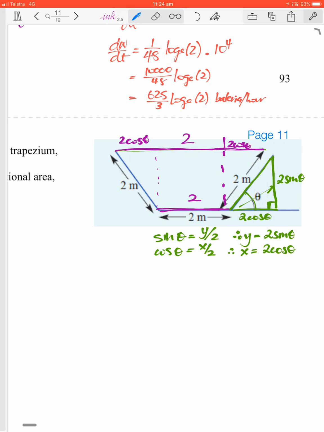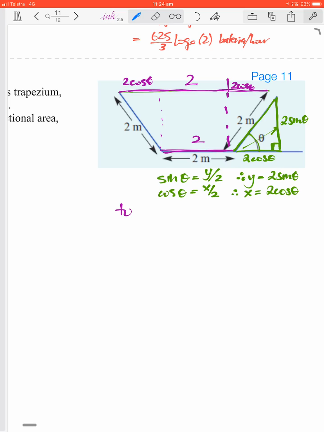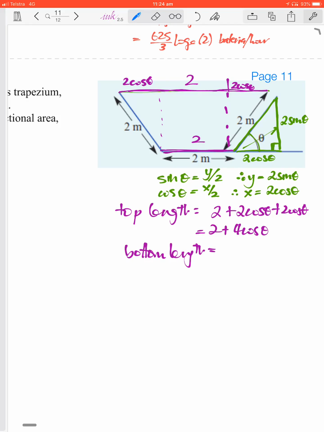So our total top length is 2 plus 2 cos theta plus 2 cos theta, which is 2 plus 4 cos theta. Our bottom length is 2. And to find the area of the trapezium, we also need the height. We know the height because it's over here. It's 2 sine theta.